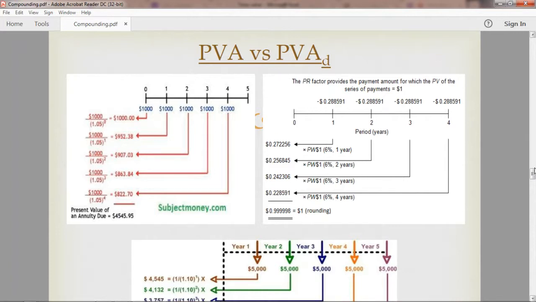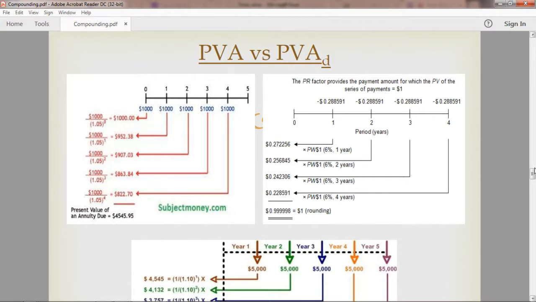Why? Annuities are, if you think about it, all in the future, right? Regardless, you're receiving payments or making payments from today at time 0 or from time 1. In an ordinary annuity, it is time 1. You start making a payment or receiving a payment at time 1.